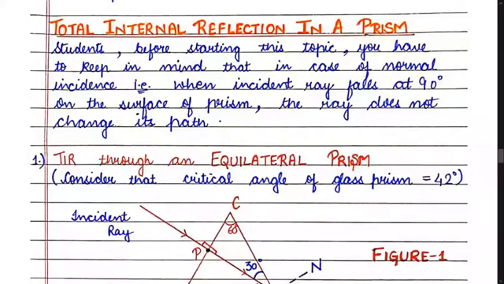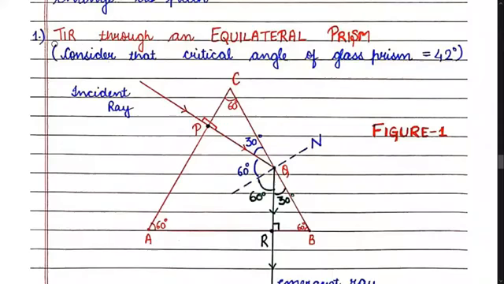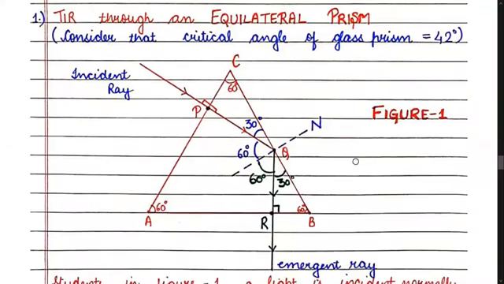So students, now first of all, we will study total internal reflection through an equilateral prism. In our topic for today, it will be considered that the critical angle of the glass prism is equal to 42 degrees. Now students, see figure number 1. A ray is incident normally on the prism.